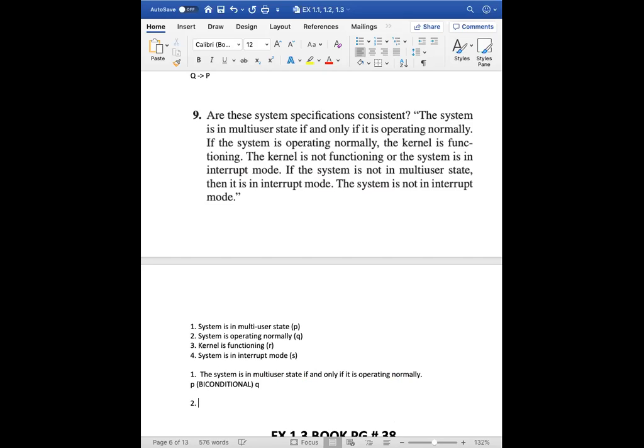The second one is: if the system is operating normally, the kernel is functioning. We have all the variables we need to make up the proposition statement.